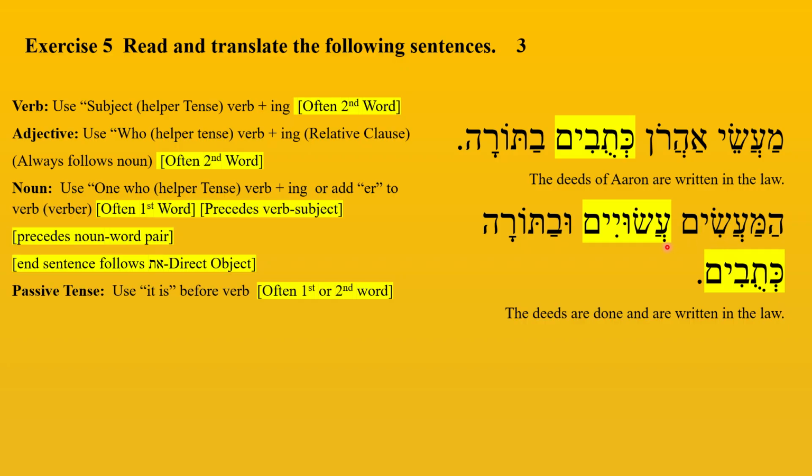Ha-ma'asim asuyim uvatorah ketuvim. So now we have two participles in here, but they're both passive. Both passive. Remember, this can get confusing, but that is the same as this. In the third position, it makes it the passive participle.